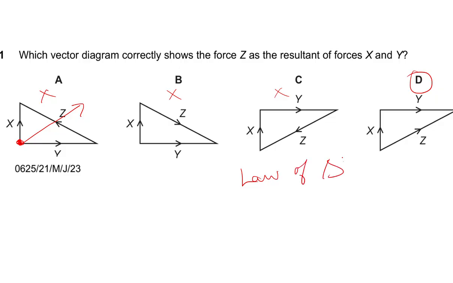As per that law, if two vectors are taken in a certain order, for example in the clockwise direction, the third vector represents the third side, but the direction will be anticlockwise.